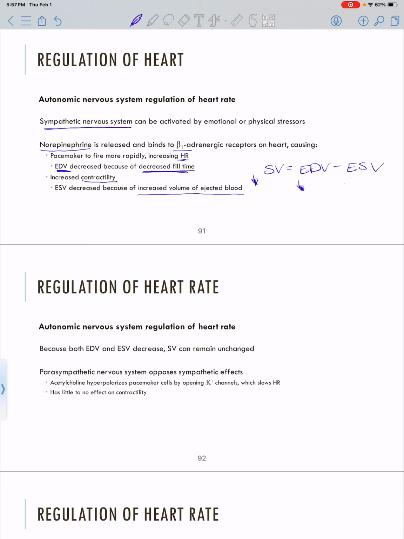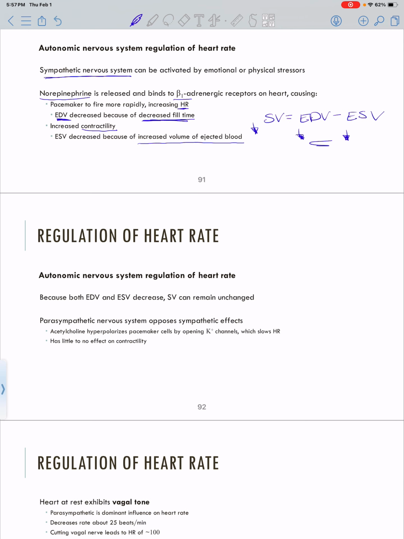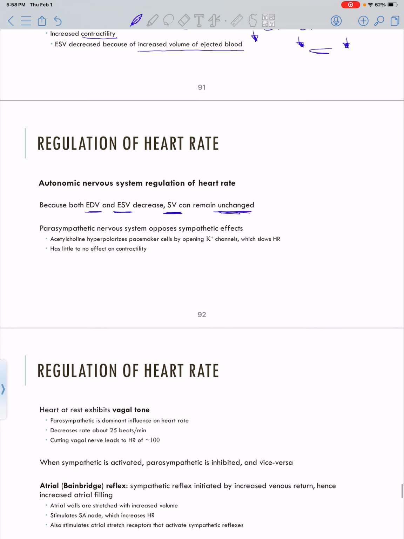However, because we also decreased our end systolic volume, we really had no change at all, okay, because they both kind of even out. So that's what that's saying here. So because we decreased both our end diastolic volume and our end systolic volume, we really don't change our stroke volume at all.